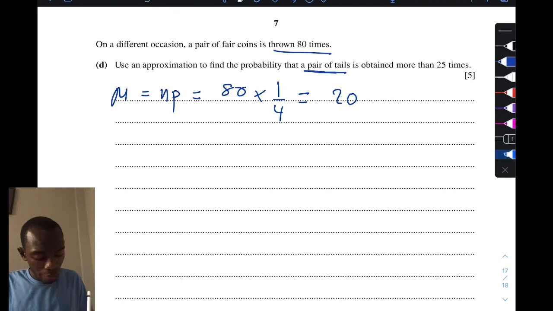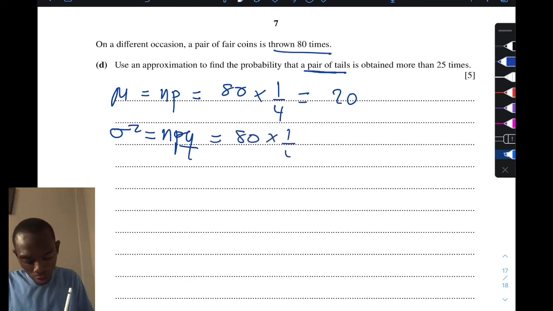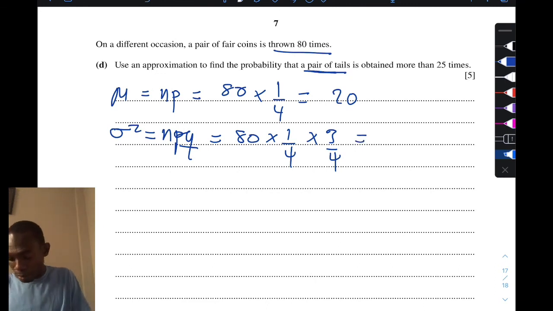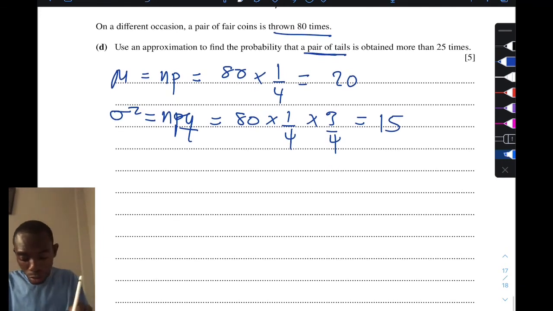Then you have your variance, and the variance is npq. So that's 80 times 1/4 times 3 over 4. I'm not going to use my head to do that. 1 over 4 times 3 over 4 times 80, and that will give you 15. Now we are told you obtain more than 25 times.